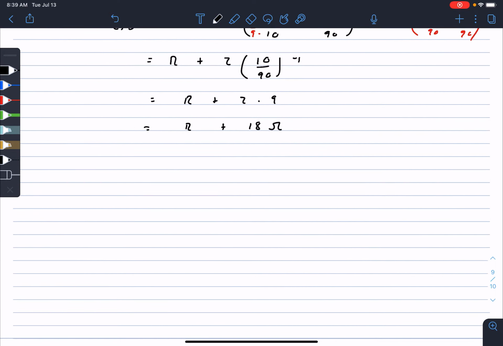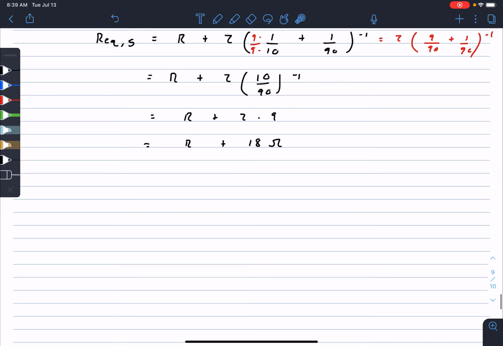Okay, and recall that we were told in the beginning that this is equal to half of the original equivalent resistance. So what does that mean?